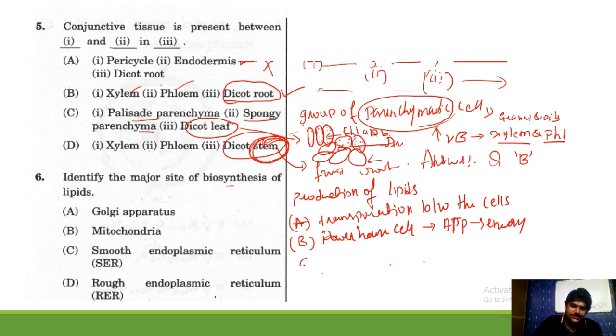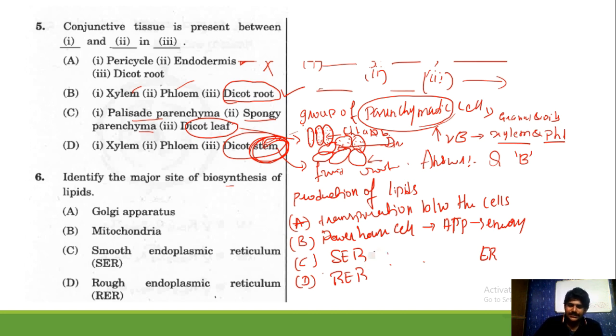Then the options left are C and D. Both are endoplasmic reticulums, one smooth and the other rough. We have to know the function of each, and the answer lies between these two options.